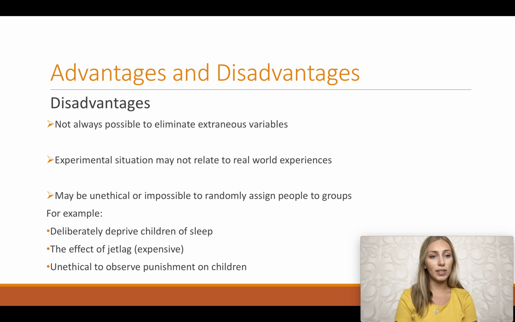Another disadvantage is that an experiment may be unethical or impossible. It may be unethical or impossible to randomly assign people to groups. For example, you can't deliberately deprive children of sleep if you are trying to conduct an experiment on deprivation of sleep on children. That would be considered very unethical. Another one is the effect of jet lag.